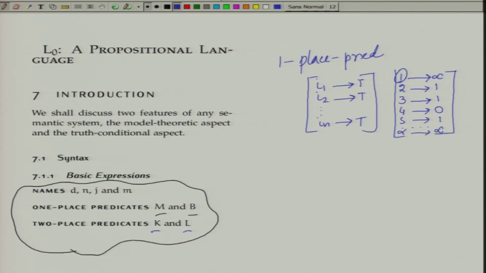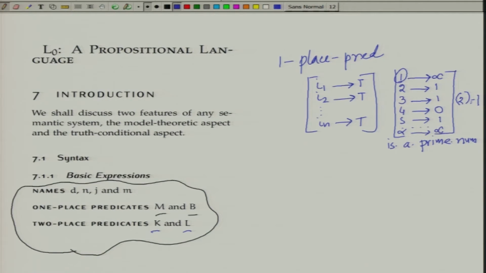I am just showing you the possibilities. Some things may have this mapping also, but it does not matter. Now, you give it 2 as an argument, it will yield 1. So, what is the predicate? The predicate is a prime number. We can see that it is a one place predicate.